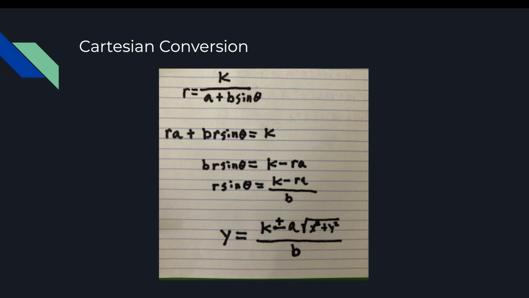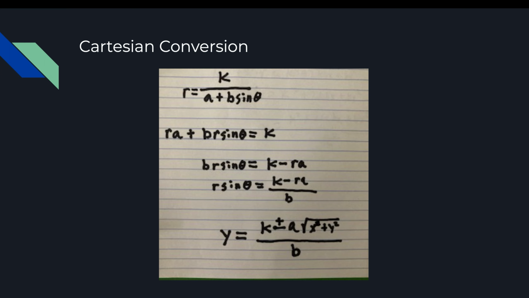So this is why we end up with our final equation, y equals k plus or minus a times the square root of x squared plus y squared, all over b. And this is the same thing with the cosine equations, except instead of getting y equals that, we get x equals that.